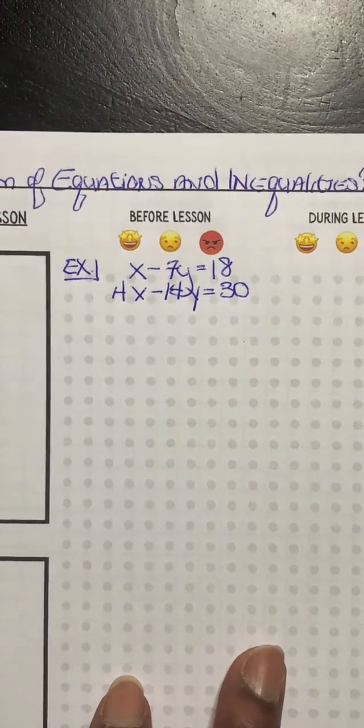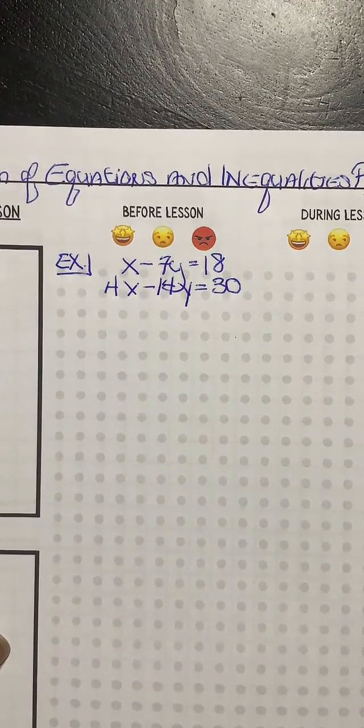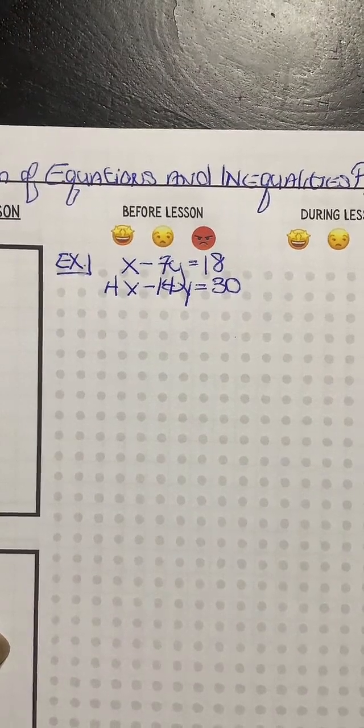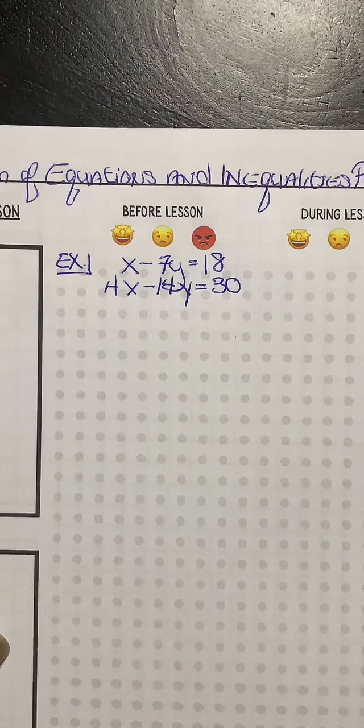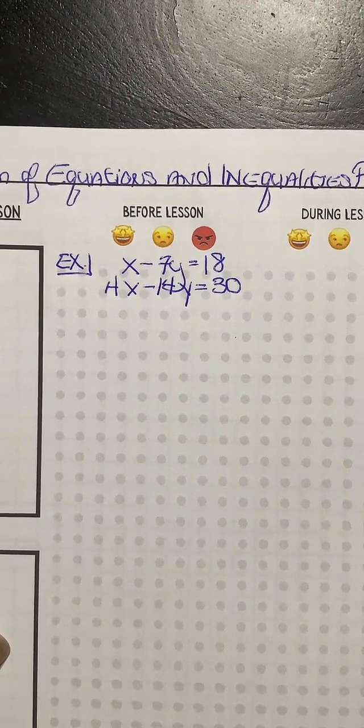Okay? We can solve this one of two ways. Really, there's a third way, but that's too much effort because you have to make a graph. One of the ways is called substitution. Substitution is the hardest of the two ways and time consuming.